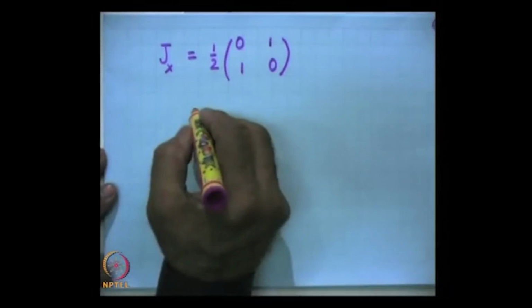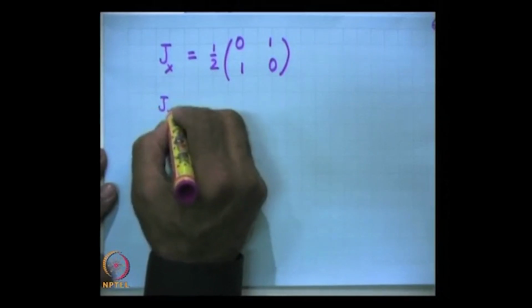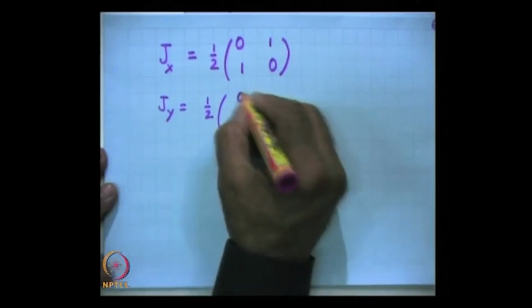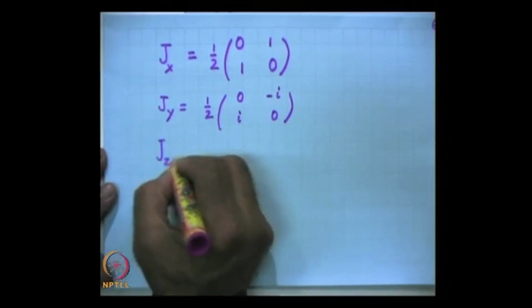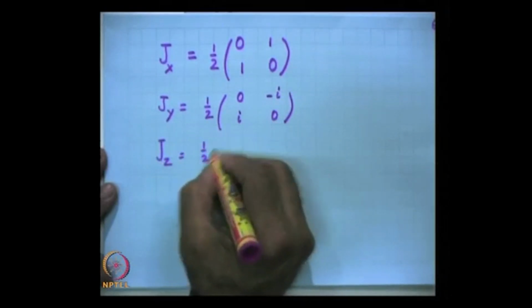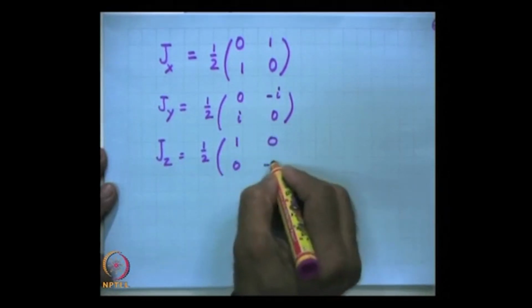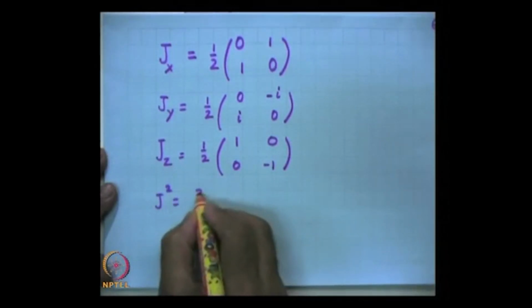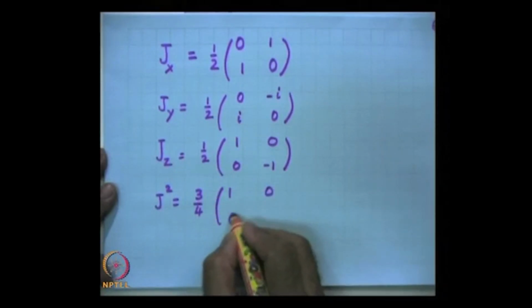Similarly, I leave it as an exercise for you to show that J_y is equal to half (0, minus i; i, 0), and J_z we have already found to be half (1, 0; 0, minus 1), and J squared is equal to 3 by 4 (1, 0; 0, 1).